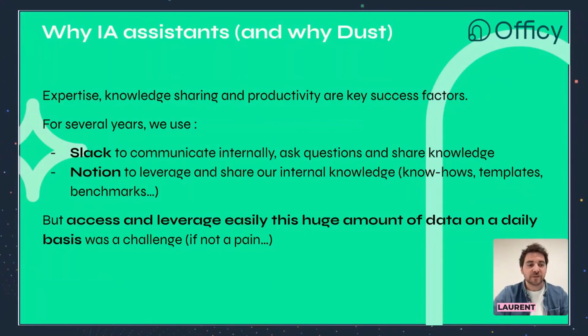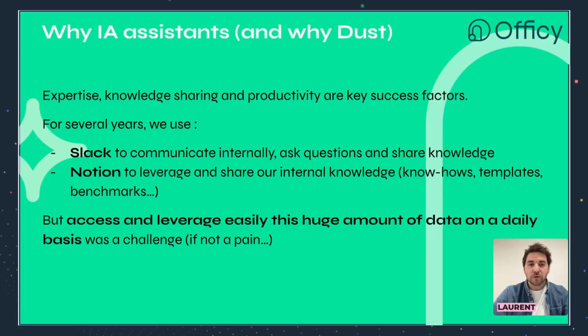From the very beginning of Slack, we had 8,000 different discussions between our office managers about templates, know-hows, best practices, and how to do some things on different tools. So it was a big challenge to leverage all this knowledge that we produce every day.